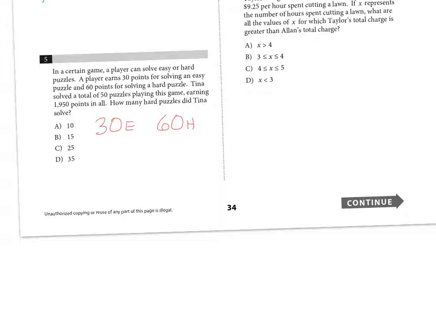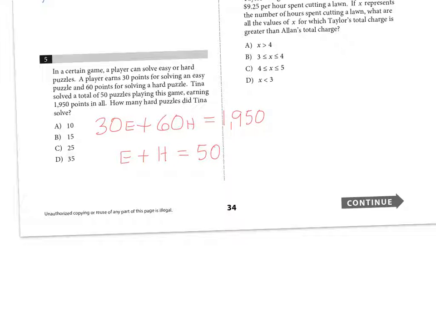Tina solved a total of 50 puzzles. So E plus H, the number of easy puzzles plus the number of hard puzzles, together it's a total of 50 puzzles. But she earned 1,950 points in all. So how many hard puzzles would Tina solve?